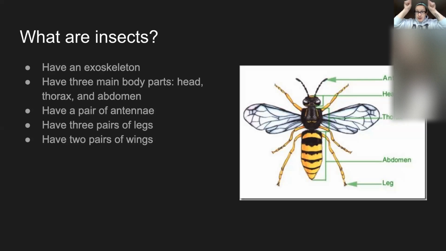They have a pair of antennae on their heads that might wiggle about when they're doing bee things. Insects have 3 pairs of legs, and they also have 2 pairs of wings. So in this example here, you can see all the parts of the insect pointed out on a bee specifically.